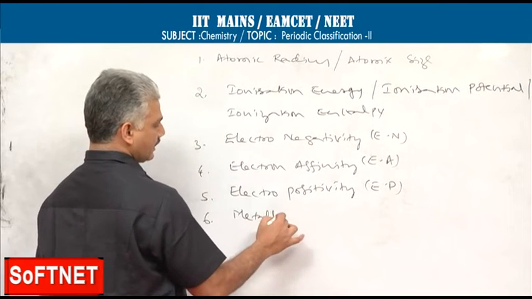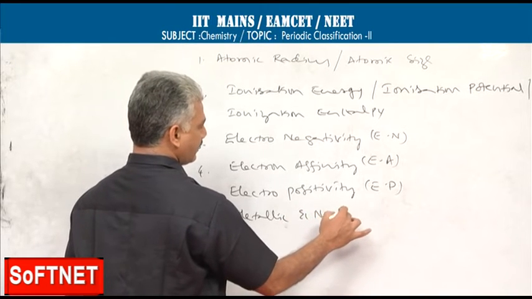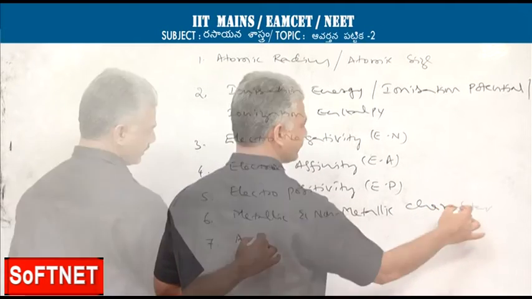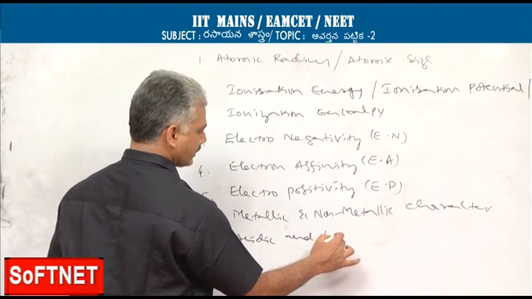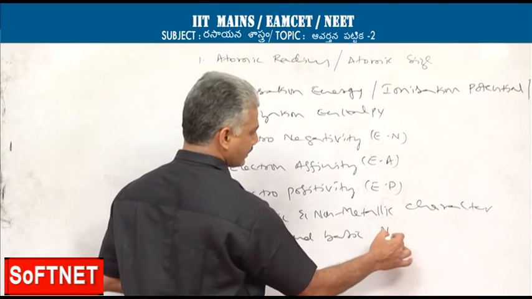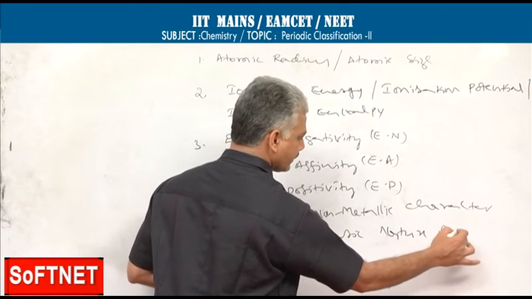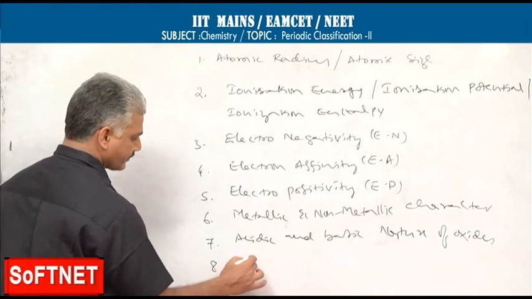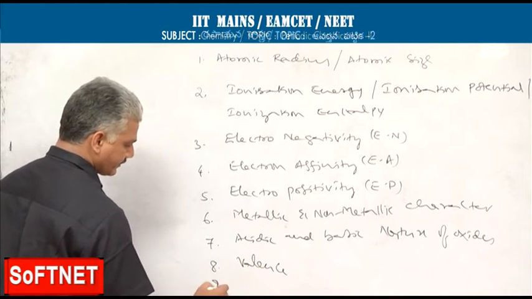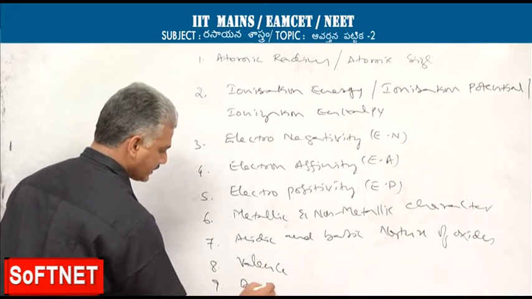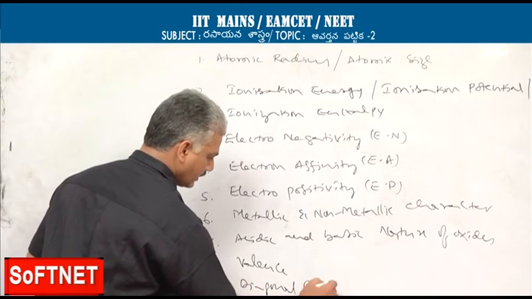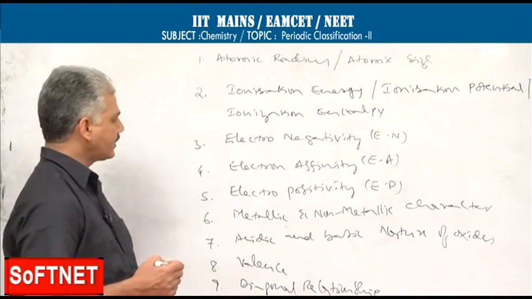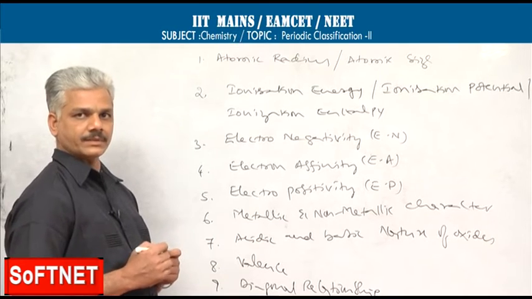Then metallic and non-metallic character, acidic and basic nature of oxides, valency, and the last one is diagonal relationship. These 9 properties are called periodic properties.